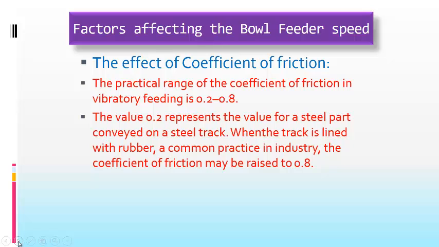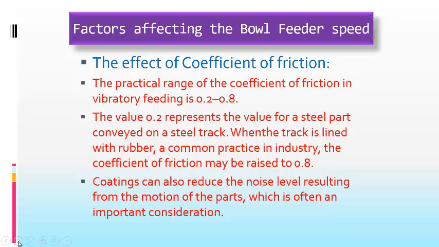Actually, usually we cover the track with plastic or rubber so as not to damage parts. So the coefficient of friction will increase to about 0.8, or the part will slip.